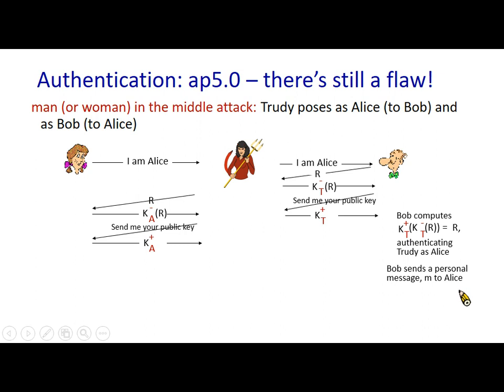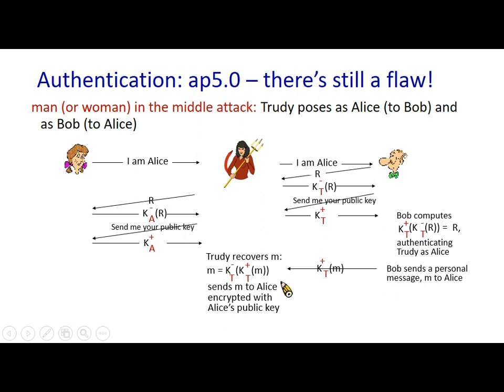So Bob sends the personal message M to Alice, but Trudy recovers it with the private key and public key to get the message. So Trudy can recover the message M and send M to Alice encrypted with Alice's public key.